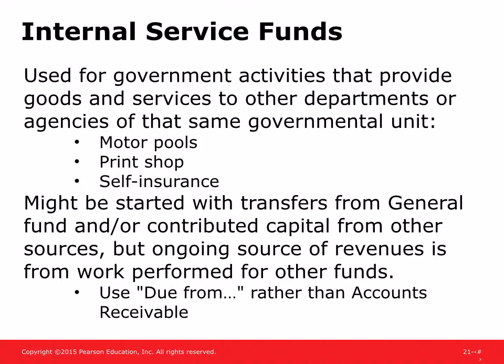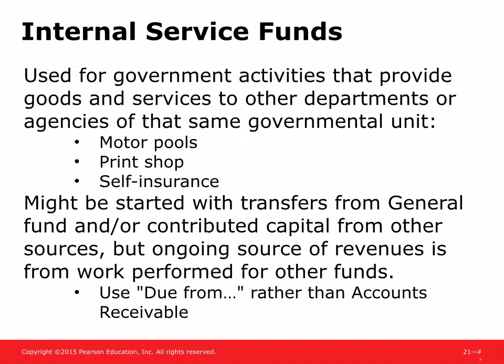And pretty much always these funds, they may at the very outset of the fund show up as revenue from the general fund or other funding sources, but the purpose of these funds is that they're basically supposed to be self-sustaining.